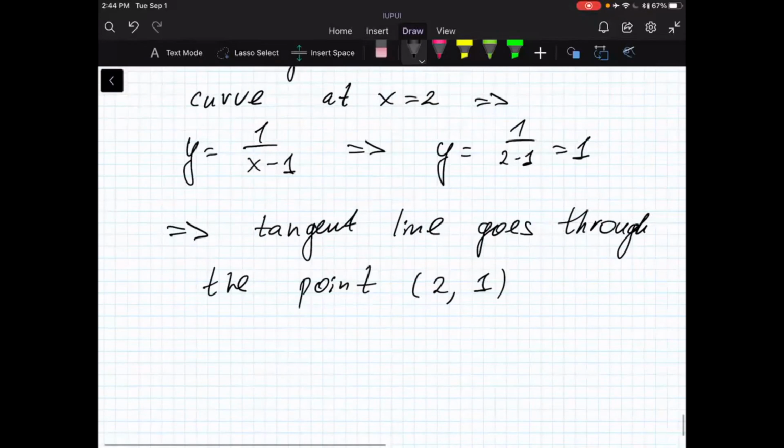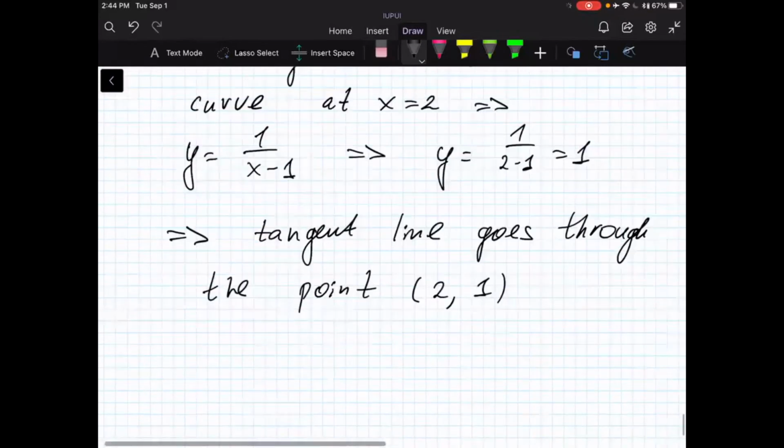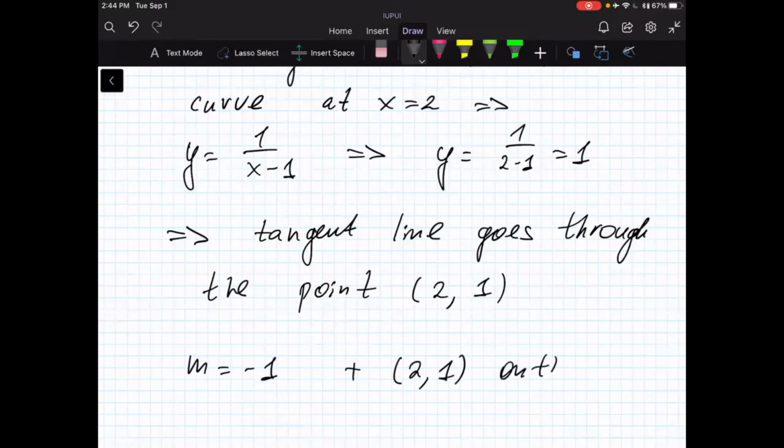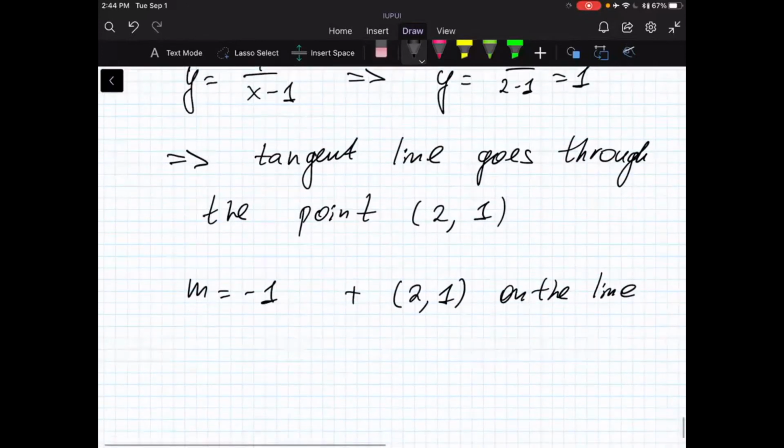Right, so again, we have that the slope is minus 1, and it goes through the point 2, 1.